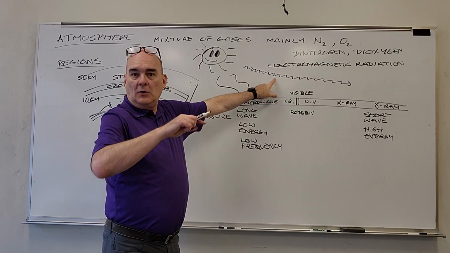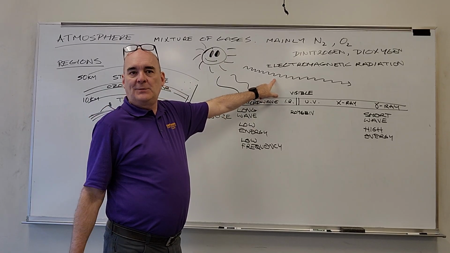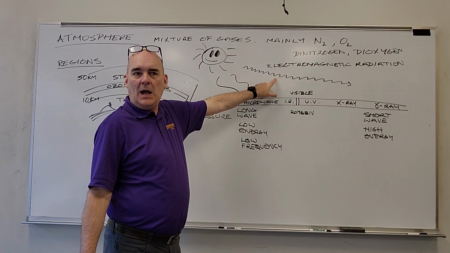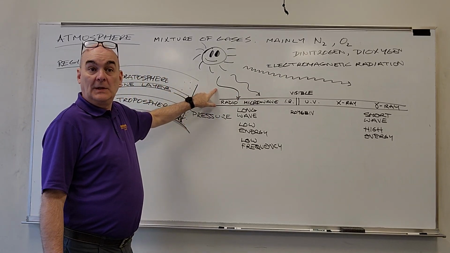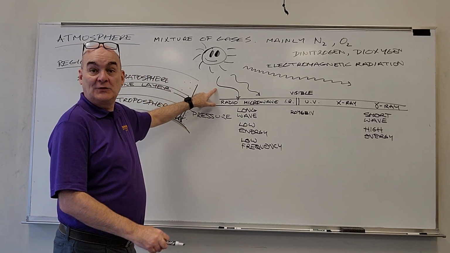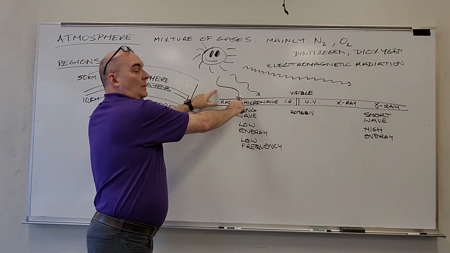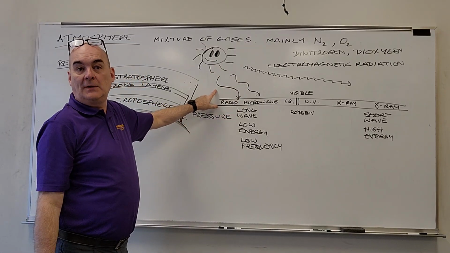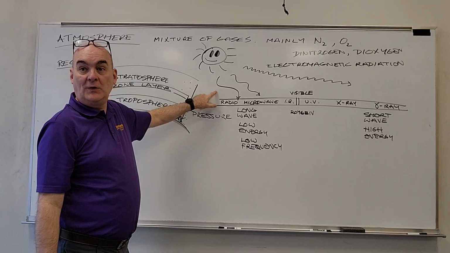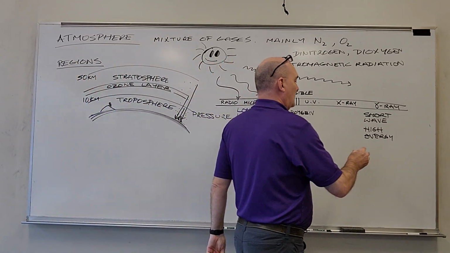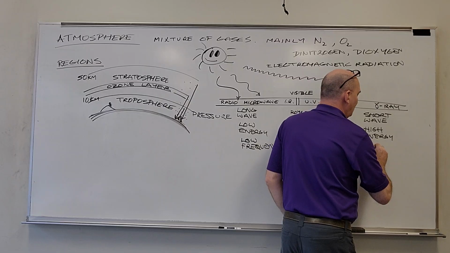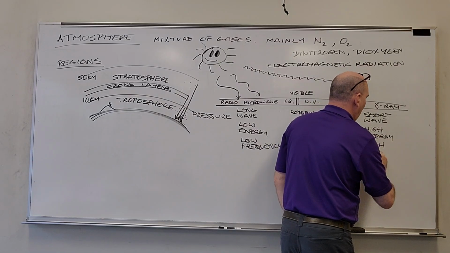In 1 second, lots of those peaks go past my finger. So this is a high frequency wave. This one, if I put my finger in the space and I count to 1 second, oh, only one wave managed to get past my finger in 1 second. So this is a low frequency when it's long wavelength. The high energy waves are the high frequency waves.